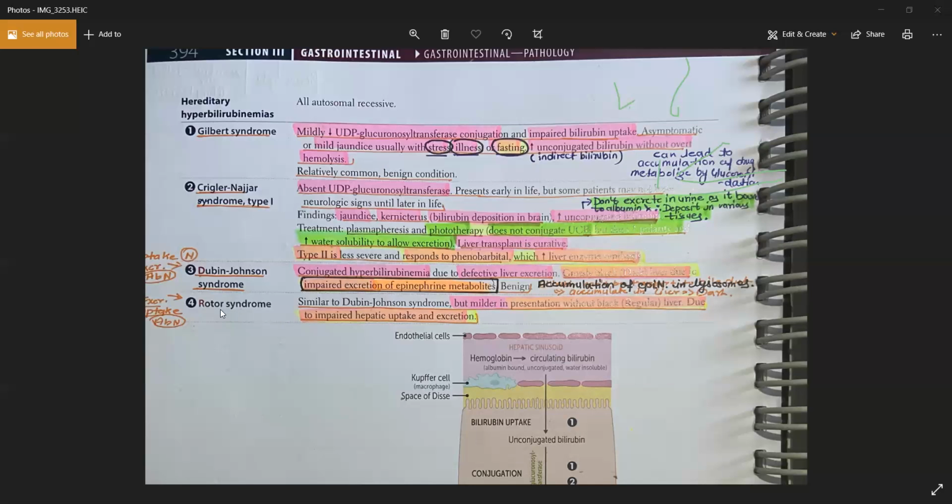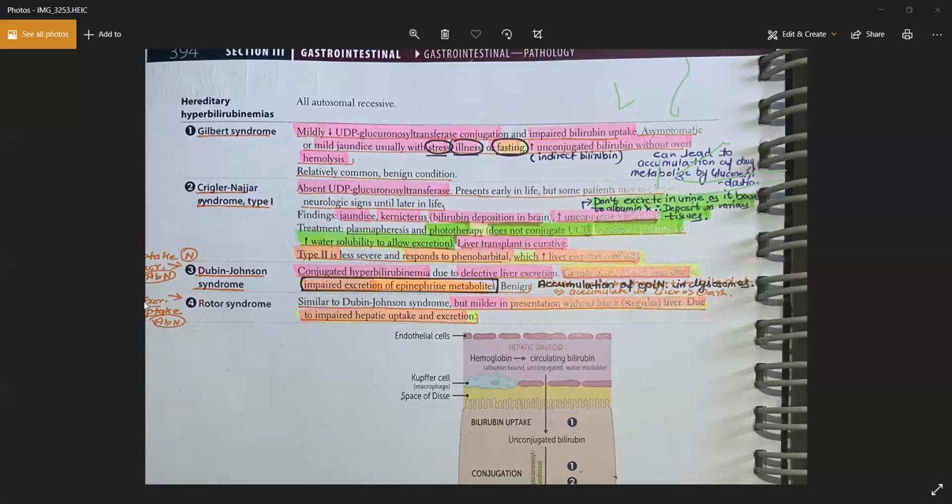In case of Rotor syndrome, it is just the excretion defect of bilirubin, not the other substances. That means the epinephrine metabolites will be excreted normally from the liver, right? And that's why you cannot have the hyperpigmentation. So this is the difference between Dubin-Johnson syndrome and Rotor syndrome. Is that okay? Yes.